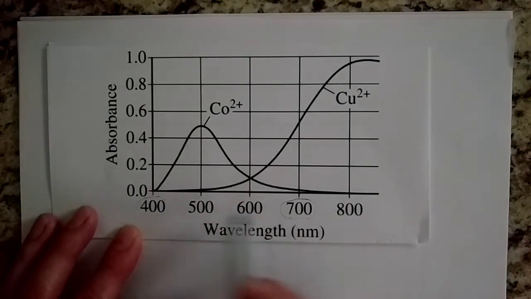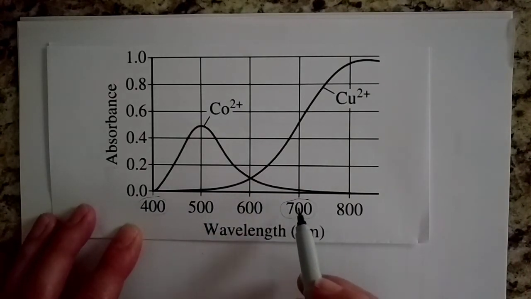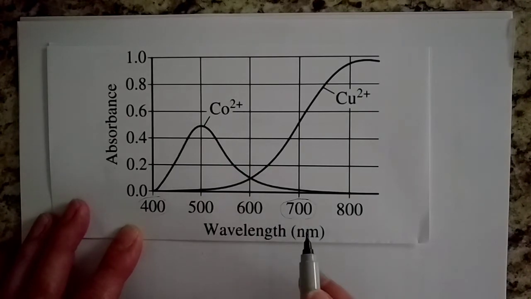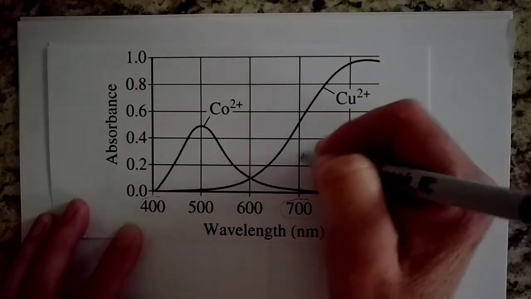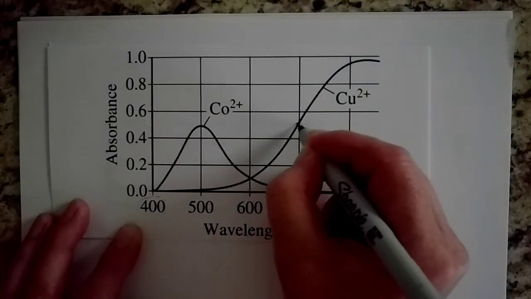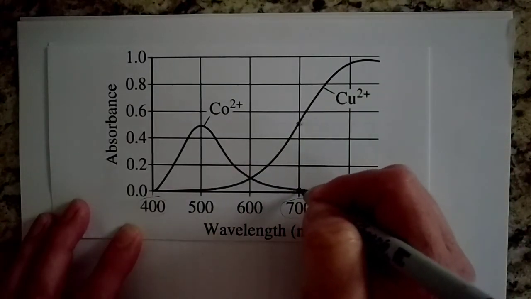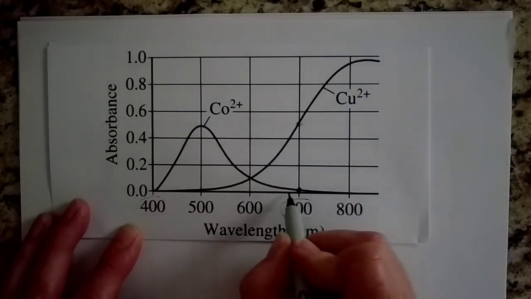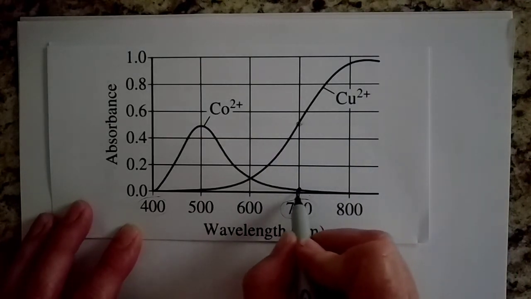So what would be a good wavelength to pick between these two? Well, we want to pick somewhere where the copper is absorbing and the cobalt isn't. The best place is right at 700 because we've got a good absorption of the copper and a very low absorption of the cobalt. So the cobalt will absorb a little bit.